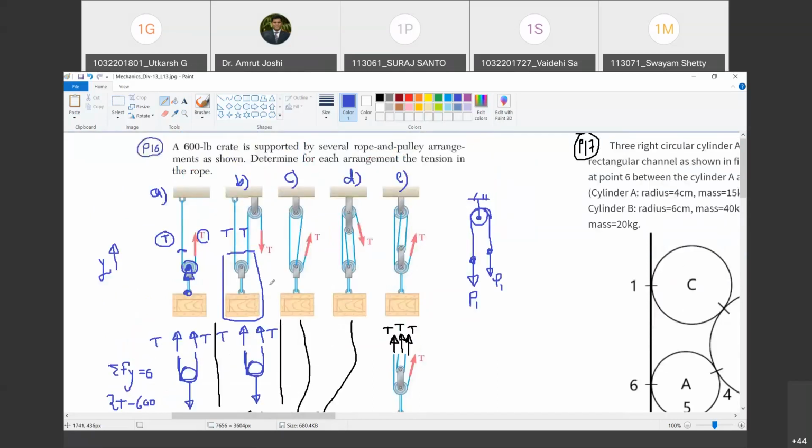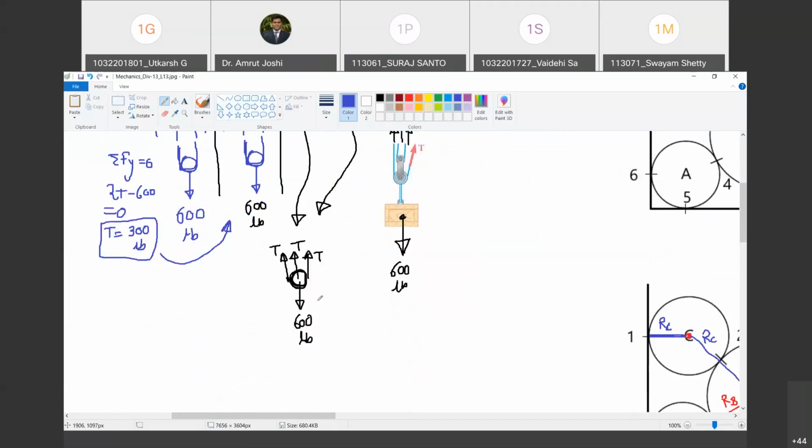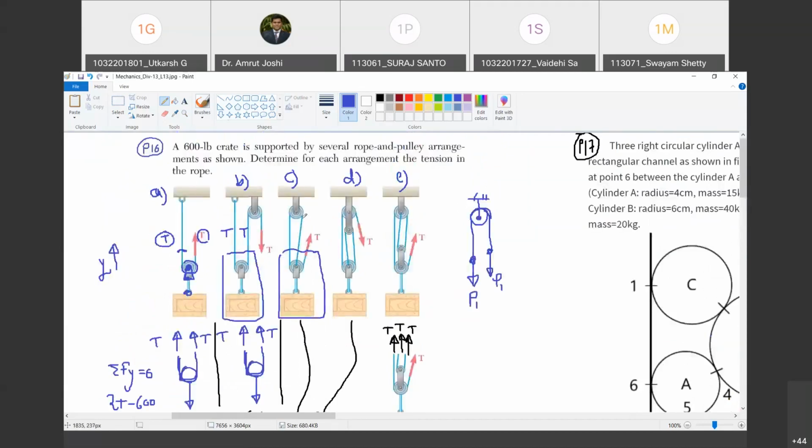The third case is different. Now you can see that when I draw the free body diagram of this much part, I will have to cut the rope thrice. Do you agree with me? Yes. So how does the free body diagram look like? It is going to be T, T and T. Mind you, you will see this inclination, but the diameter of the pulley will be of the order of 10 centimeters and this distance will be of the order of 1 meter.